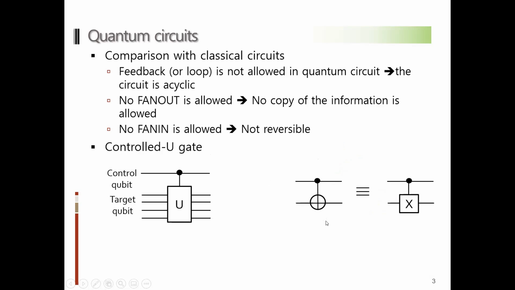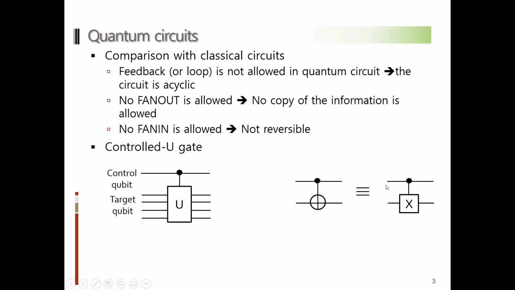If you remember, the action of the controlled NOT gate is that only when the control qubit is 1, we flip the value stored in the target qubit, and flipping the target qubit is equivalent to the action of the X gate. So instead of using this notation, people frequently also use this notation, because the NOT operation here is equivalent to the X gate in the quantum gate.